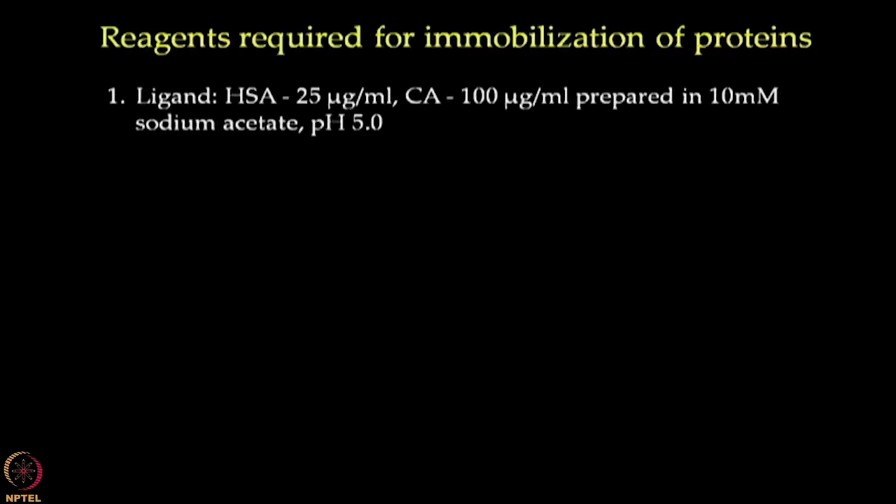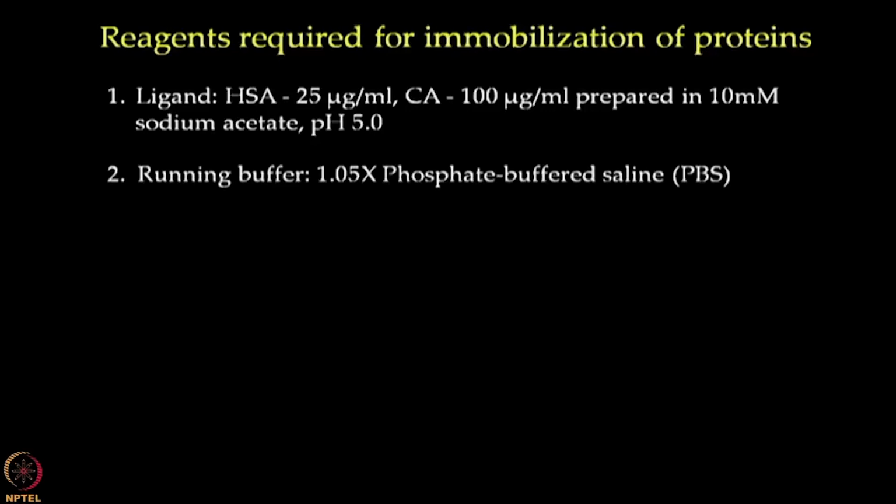The proteins are prepared at working concentrations of 25 microgram per ml for human serum albumin and 100 microgram per ml for carbonic anhydrase using an immobilization buffer of pH 5. We will be using 1.05x PBS buffer as the running buffer, which will be connected to the system followed by priming.